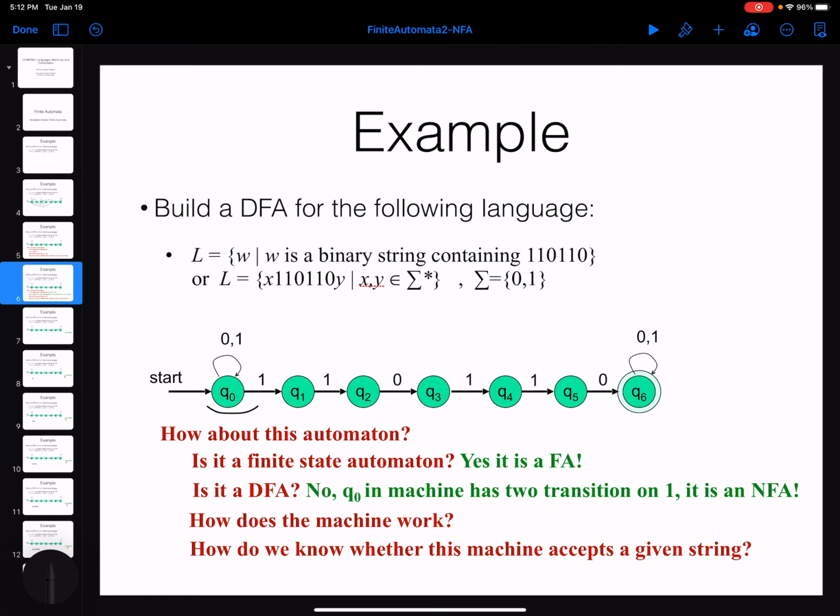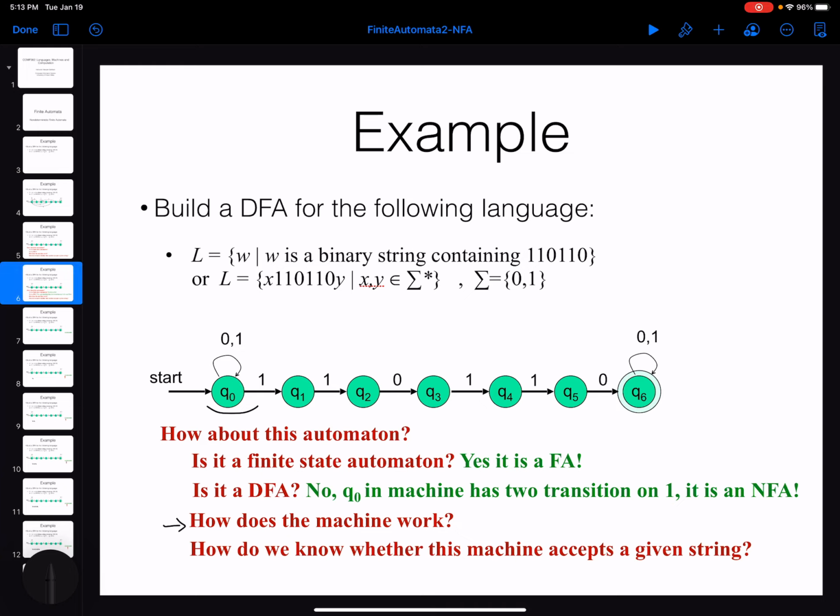I mean, some of the actions are non-deterministic. Later on I will explain how the non-deterministic finite automaton accepts the language, and what it means when we say the machine can be in more than one situation. Let's now answer the question: how does this machine work?